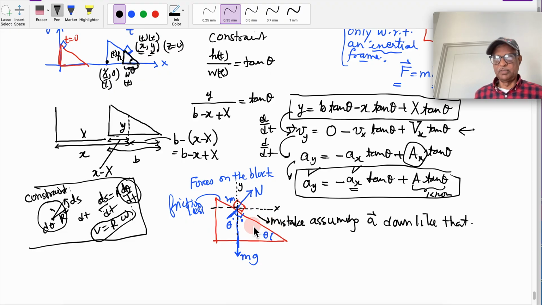Because it says the wedge is fixed. It will be true if the wedge was fixed. So you can see at different times, it is down the wedge.